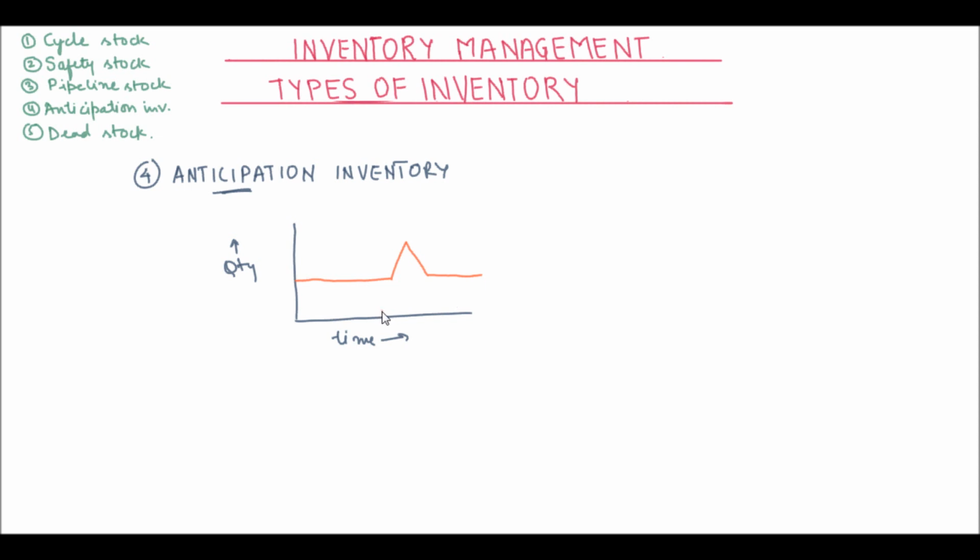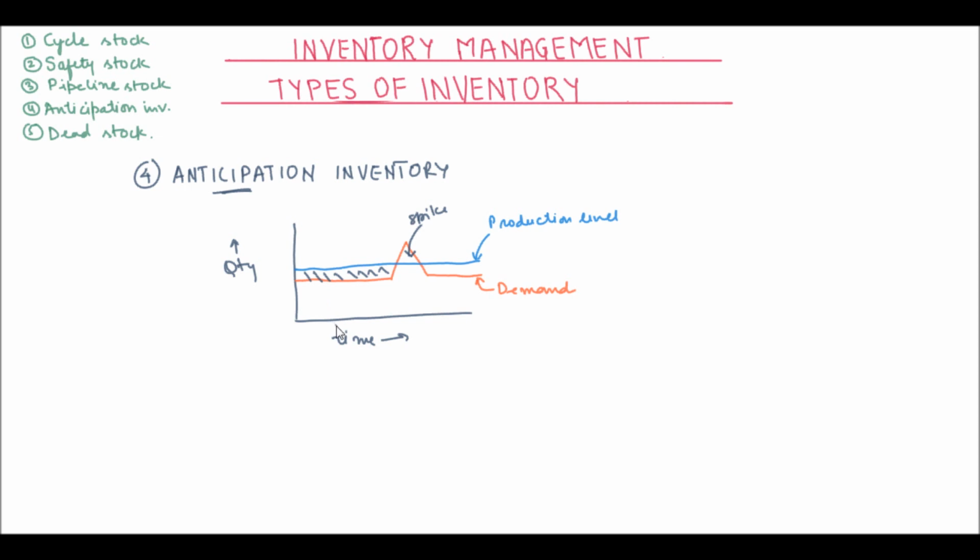So what you do is you up the production level a little bit such that the inventory that you generate here can be used to meet the demand here. And in the period of spike also, you are able to continue the level of production and still be able to meet the demand.